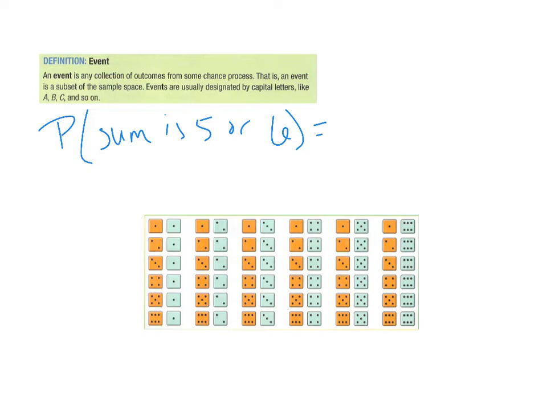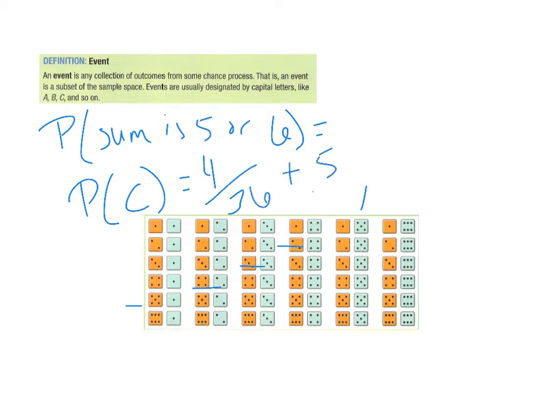So the combinations that we have that would add up to 6, we have 1, 2, 3, 4, 5, and so now we have the probability of event C equals 4 out of 36 plus 5 out of 36, which is equal to 9 out of 36.